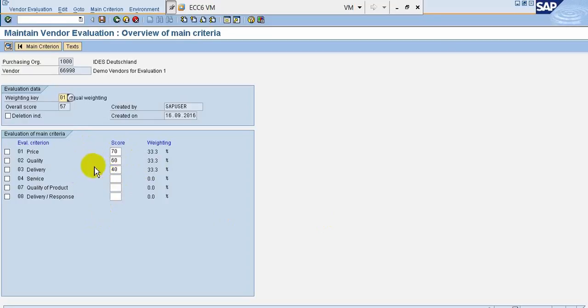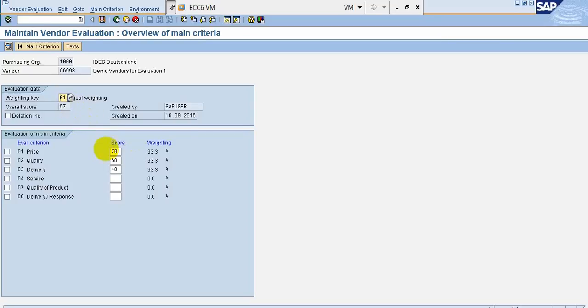The weightage factors should be equal, so 33.3, 33.3, and so on. From these individual factors with 33 point, the percentage with these marks as a total sum, from the calculations as I showed before, the overall score has been assigned 57.